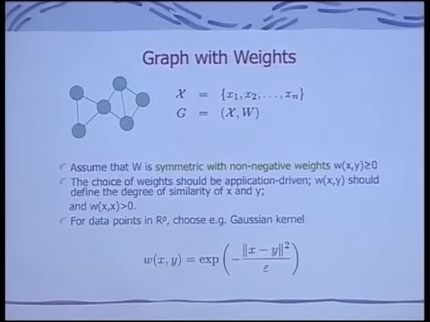We're going to view the data as nodes in a weighted graph. And we can define the weights in the graph by, for example, a Gaussian kernel that localizes this information, where epsilon here is the bandwidth. I'm going to get back to how you should choose your bandwidth.